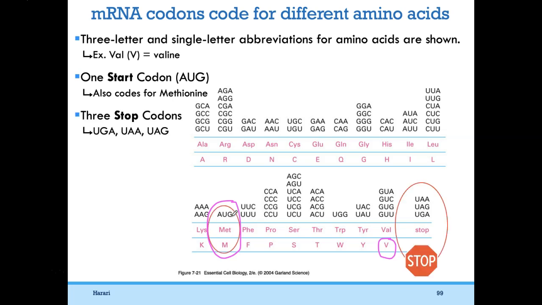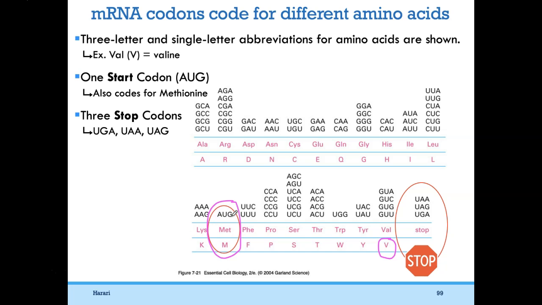There's also 3 stop codons. UAA, UAG, and UGA are the 3 codons that will tell the ribosome to stop translation. So ribosomes start at an AUG all the time, and they stop at UAA, UAG, or UGA.